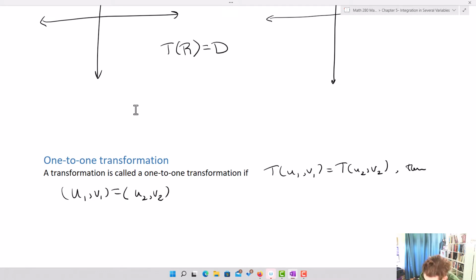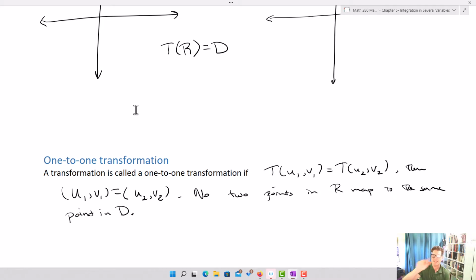Now what that means is that no 2 points in R map to the same point in D, right? So essentially that's our idea of a one-to-one transformation.